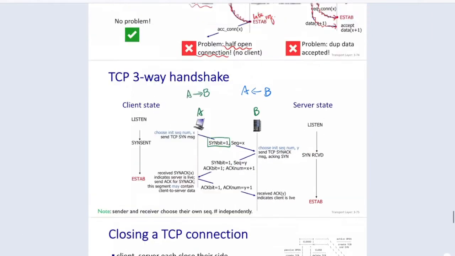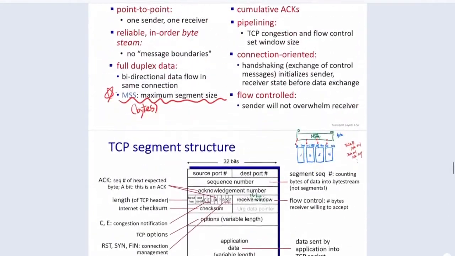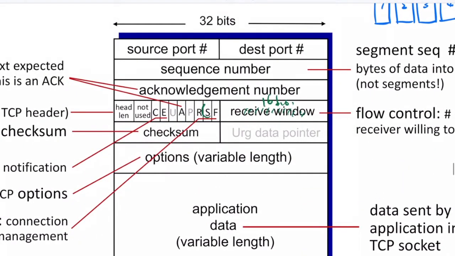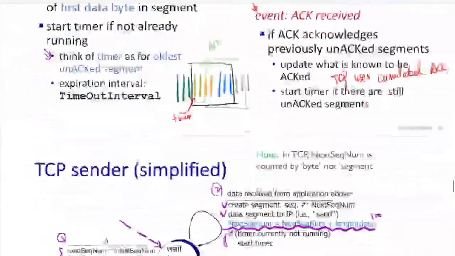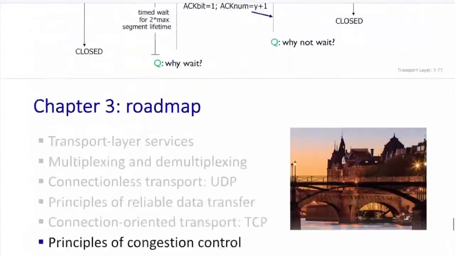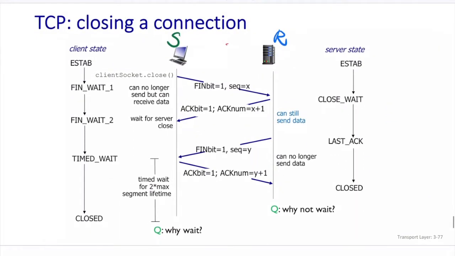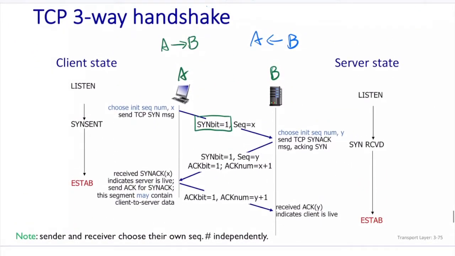Make sure you know that the SYN bit is right here. When you want to open a new connection to the receiver, you have to set this specific bit to 1, and you randomly choose a sequence number, for example X.